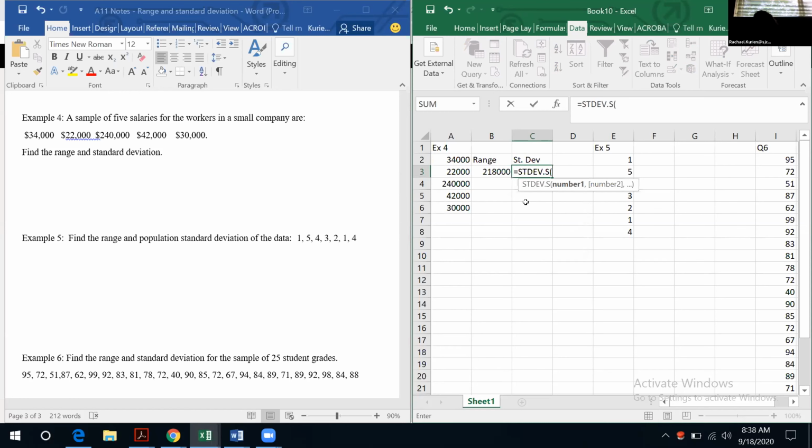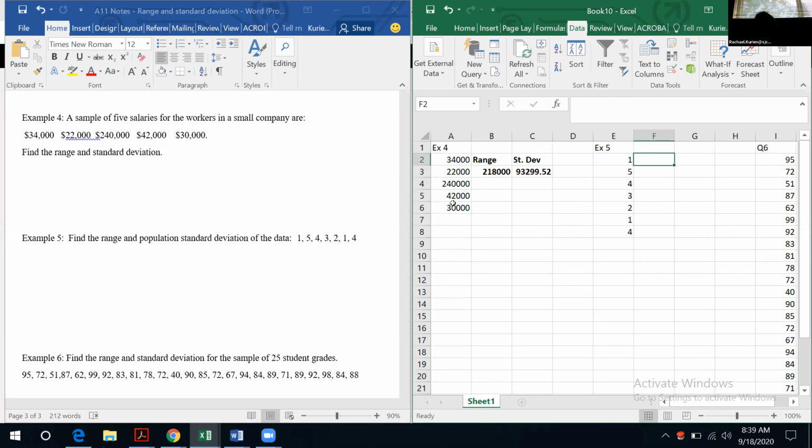That is your sample. So we're going to highlight it, and then we'll close the parentheses, and voila, we get our standard deviation. And that's it. That's the end of it. I know, a lot quicker.